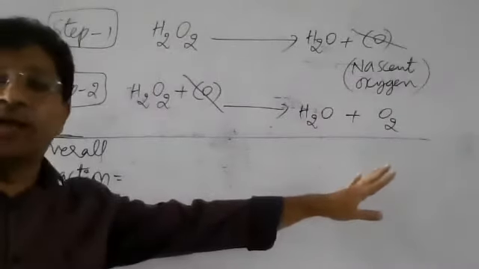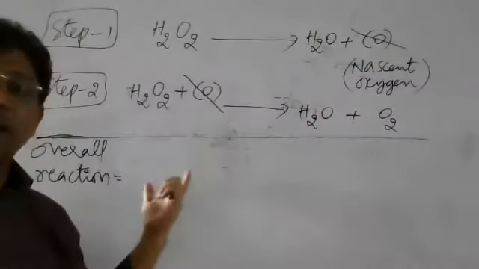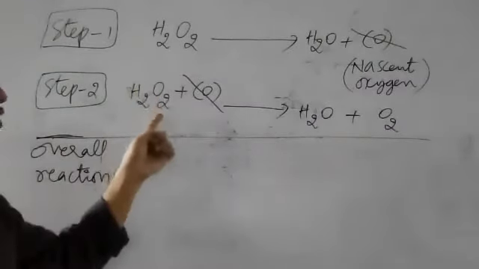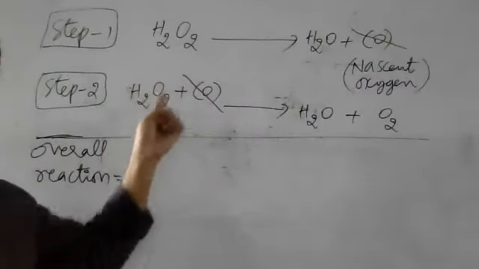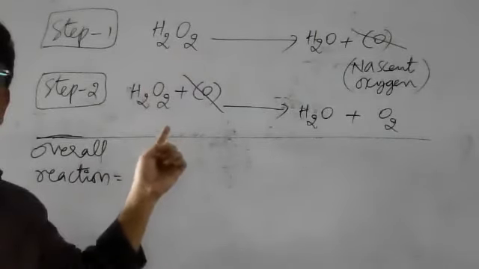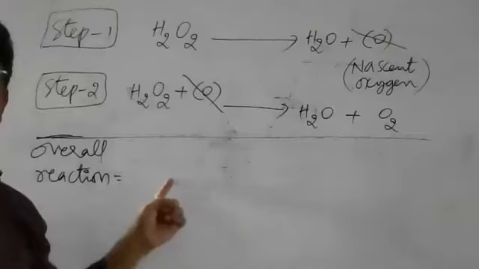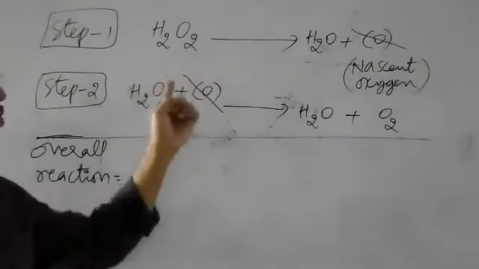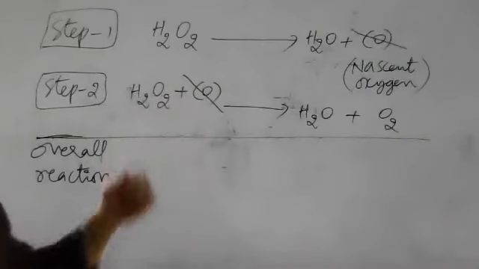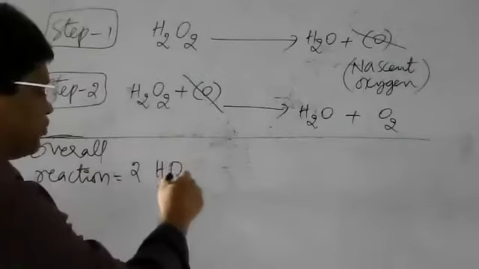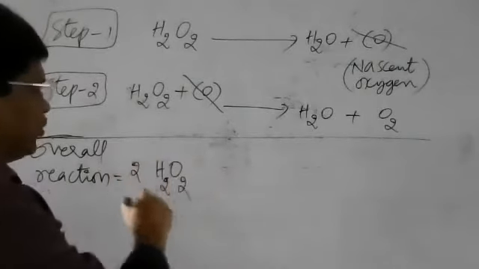The reactants are whatever is left over in the 2 steps without cancellation. In the first step, the reactant is H2O2, and the second step also has H2O2. So 2 molecules of H2O2.